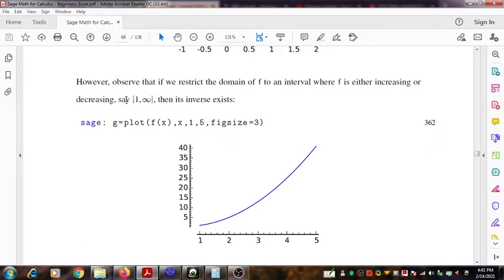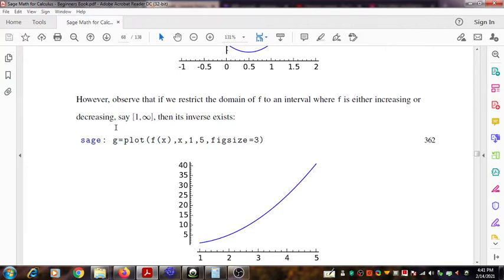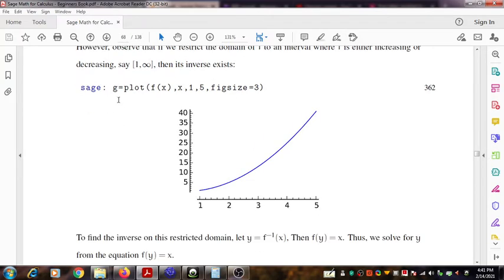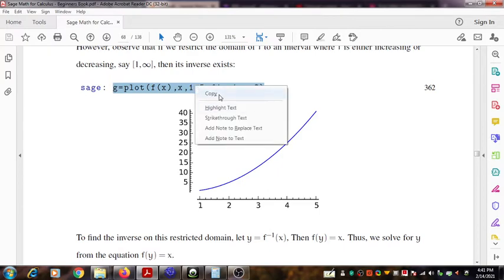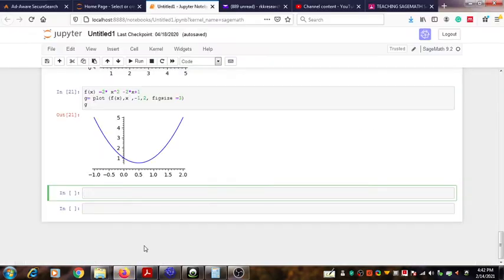In general we consider the interval from 1 to infinity for defining that function, and then we repeat the plot command to obtain the output.